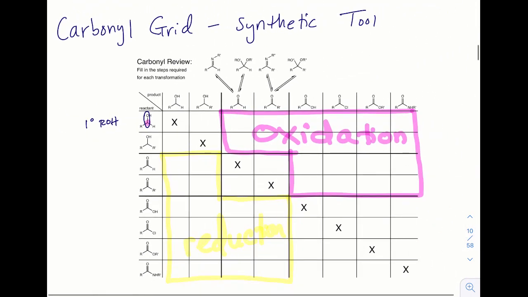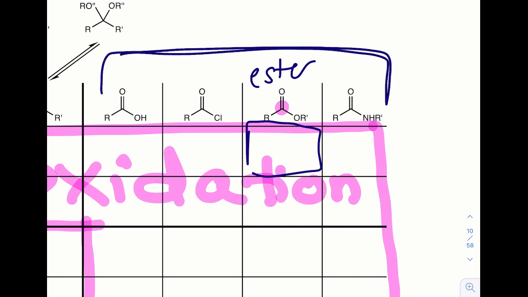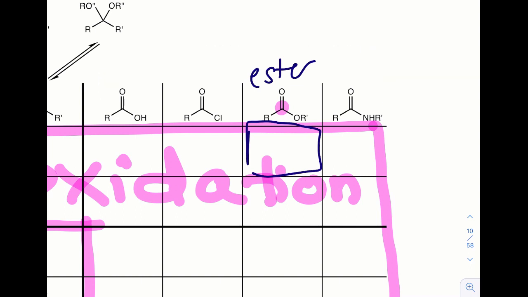Whereas in the ester, the transformation represented by this box, the ester contains 1, 2, 3 bonds between the carbonyl carbon and oxygen or a more electronegative atom. And in fact, all of these acid derivatives have 3 bonds between the carbonyl carbon and a more electronegative atom. For the acid, 1, 2, 3. For the acid chloride, 1, 2, 3. For the amide, 1, 2, 3. That is why all of these squares here represent oxidation reactions.